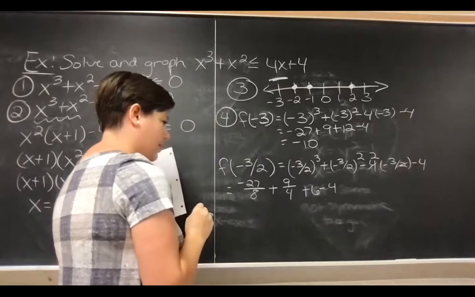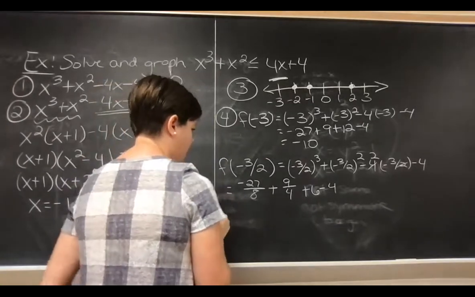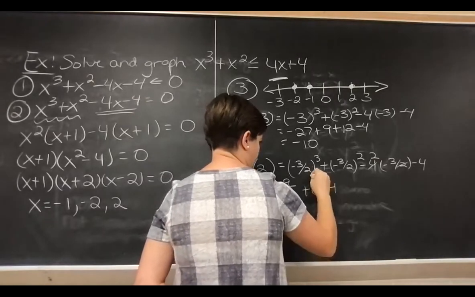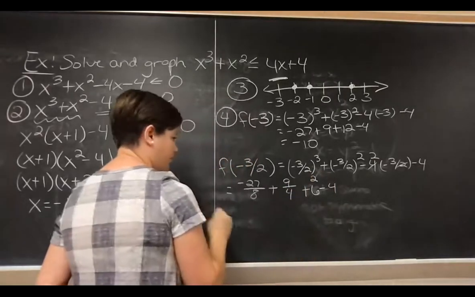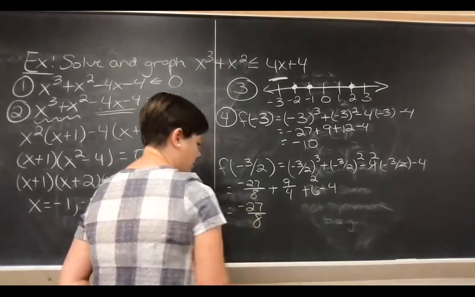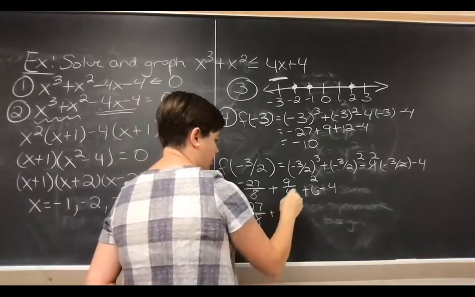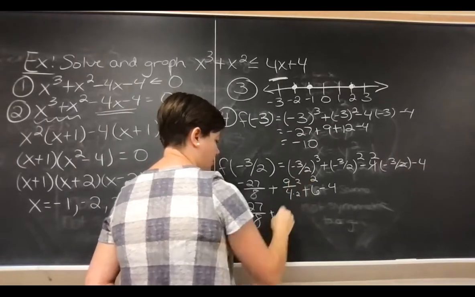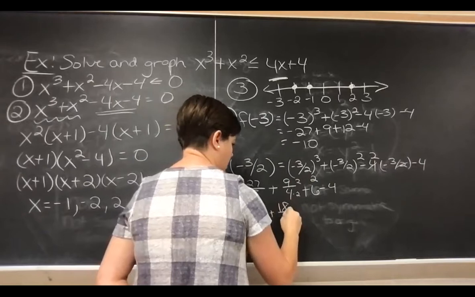Here's the thing though, if you're adding or subtracting fractions, you've got to get common denominators. +6 minus 4 is going to be the same thing as a +2. So the common denominator in this case is going to be 8. What do I do to the 4 to get to 8? I multiply it by 2, so I have to do it to the top. That'll give me 18/8.